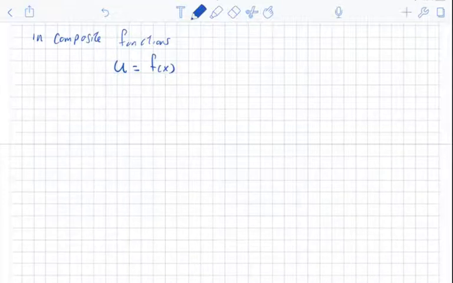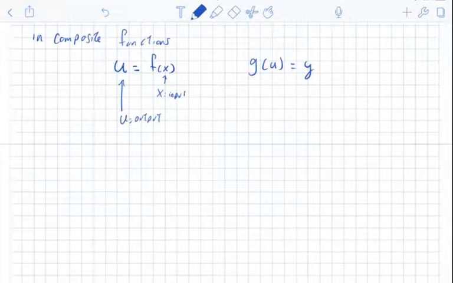So x is the input, and u is the name of the output. Just like in graphs. And then I have another function, g of u, whose output is y.